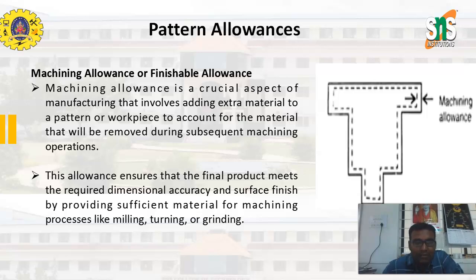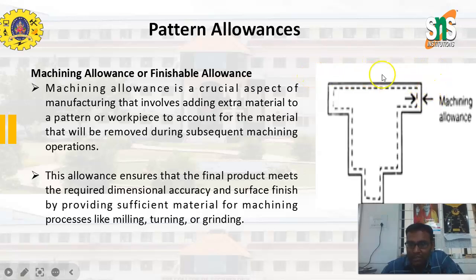Next one is the machining allowance or finishing allowance. Machining allowance is a crucial aspect of manufacturing that involves adding extra material to a pattern or workpiece to account for the material that will be removed during subsequent machining processes. For better finishing of the materials, some of the material's outer surface can be removed. For that, extra material is added to the pattern during casting process.